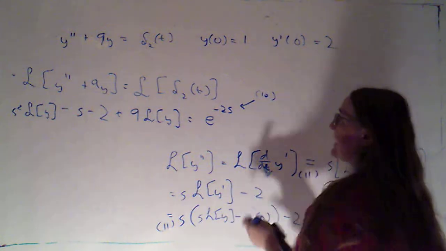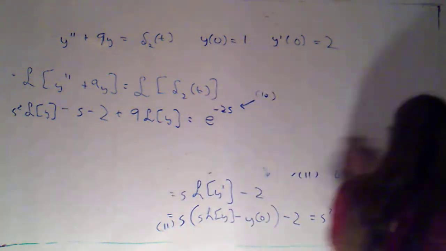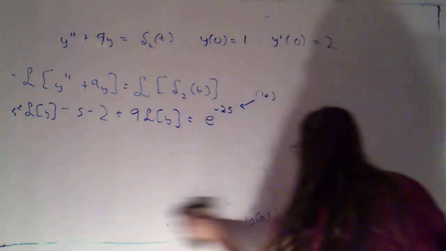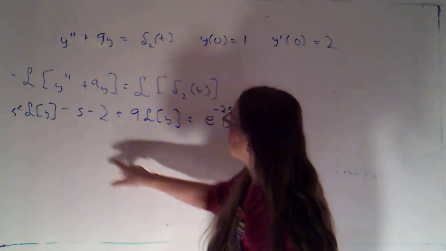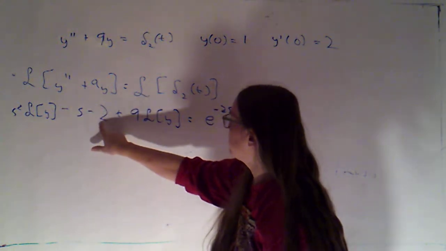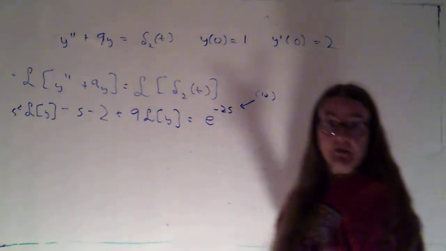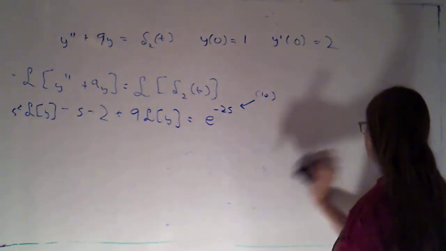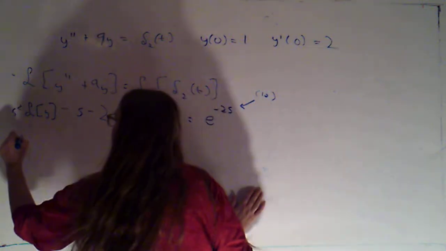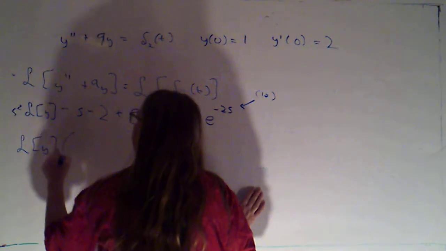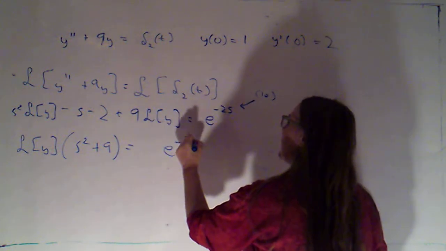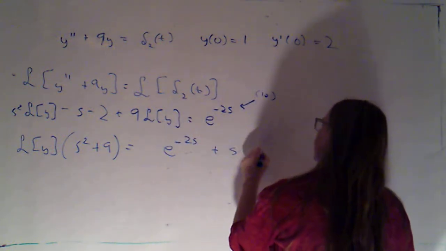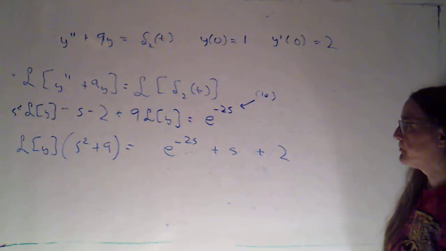Okay, excellent. So I'm going to do two things in the next step. I'm going to add over the s and the 2, and I'm going to factor out the Laplace transform of y from the other two terms. So we'll have the Laplace transform of y times s squared plus 9 is equal to e to the negative 2s plus s plus 2.